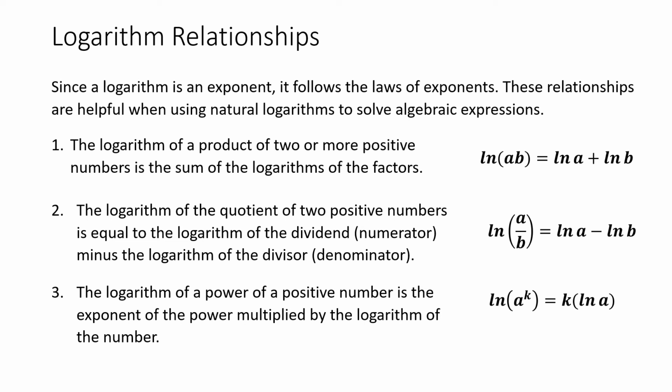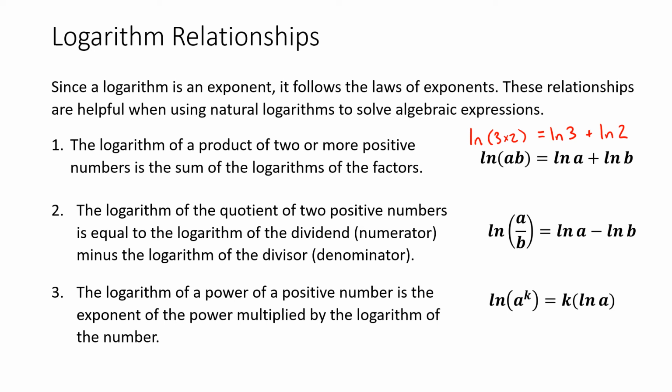But they apply whether or not it says log here or ln, okay? So our first one is if you have two numbers within a ln function. So if you're taking the ln of a times b, let's say the ln of 3 times 2. The first relationship says that's equivalent to the ln of the number 3 plus the ln of the number 2. Okay?